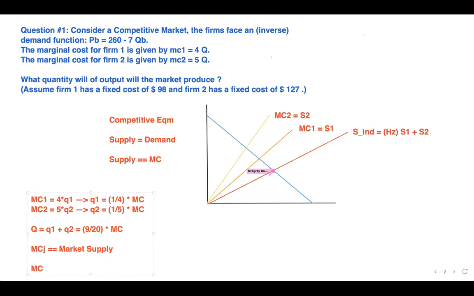So now we do our final inversion, and what should we get? 9/20. 20/9. Yeah, right. So 20/9 Q, and I can put a little star there to indicate that it's the equilibrium. Is that what you got, Devara and Michael? Yes. You agree, Michael? Yeah, that's what I got.